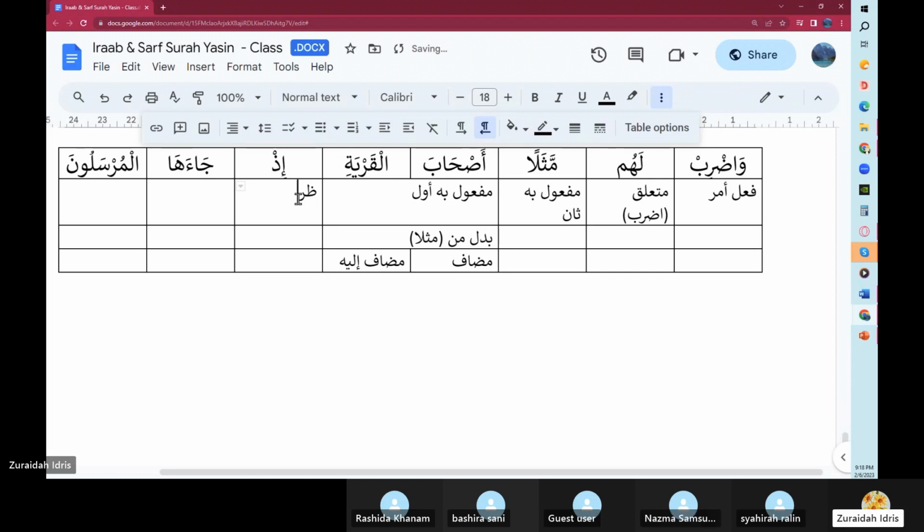And this one here is a fi'il madin. Anybody don't see this is a fi'il madin? I hope you do see it's a fi'il madin. What else is it? Fi'il madin and what's the ha?